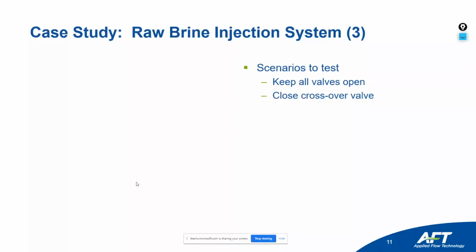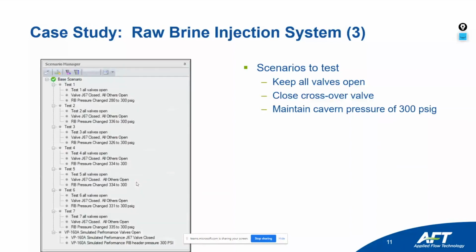They tested closing that crossover valve, and then increasing or maintaining a cavern pressure of 300 psig, and this is the entire scenario tree of what they were doing in their analysis. So this is an excellent way to be able to really see what's going on in all of your different what-if types of questions that you have.